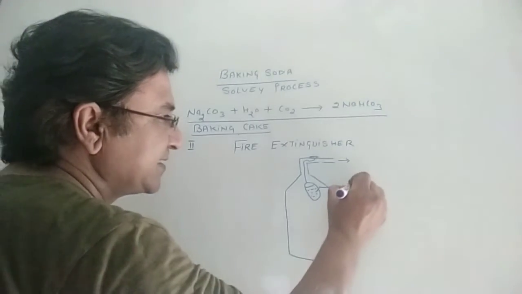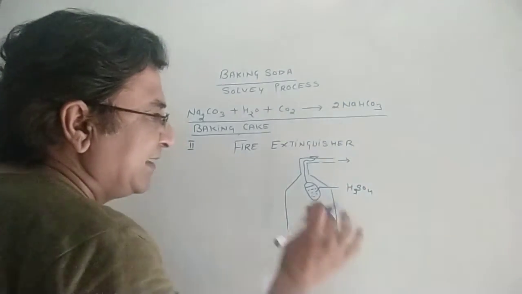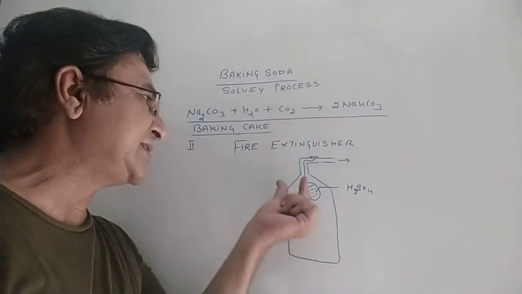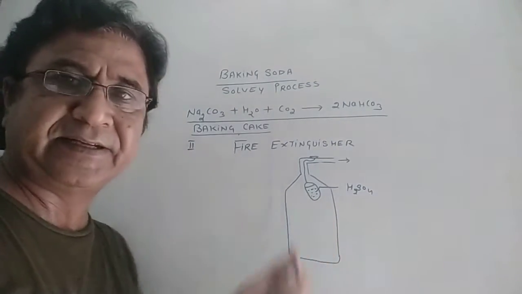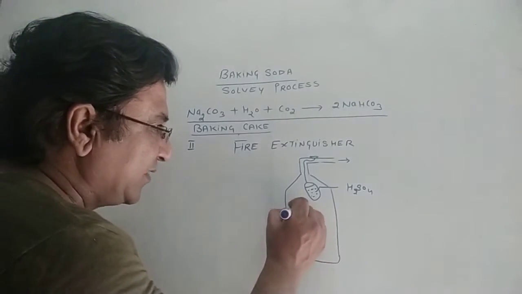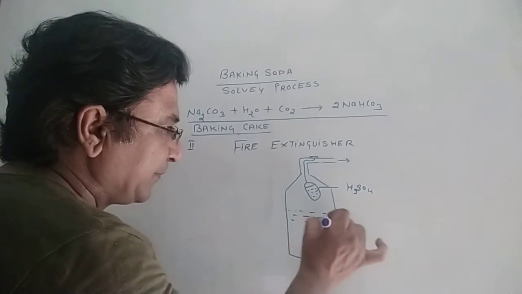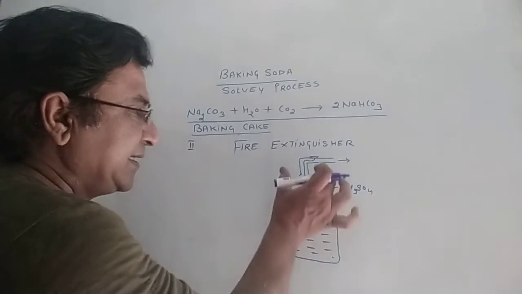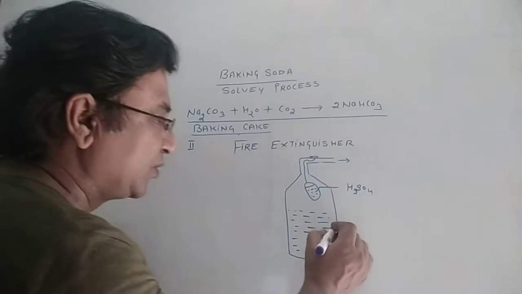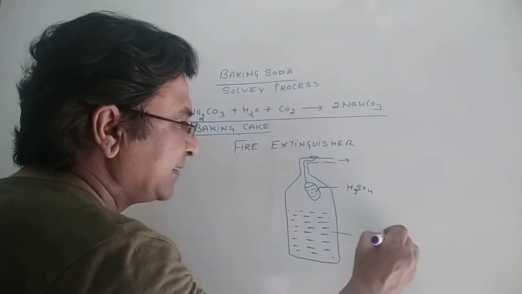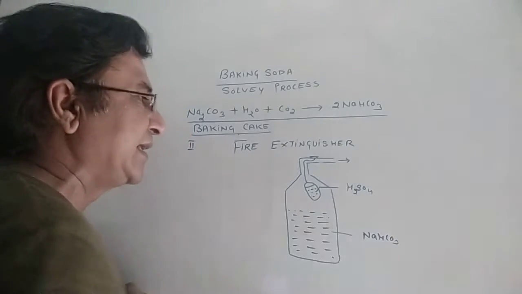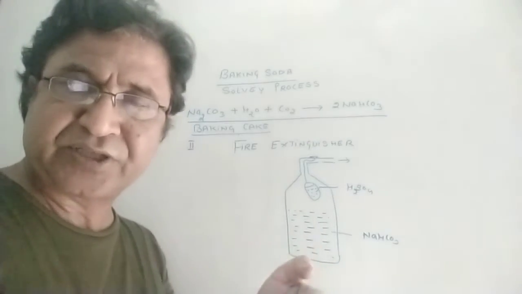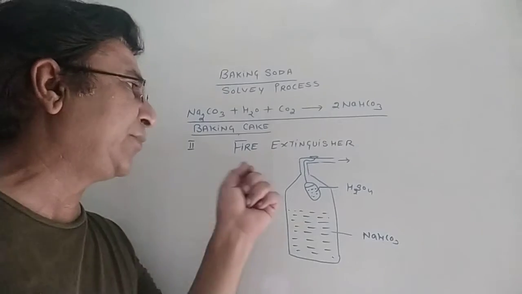So it is concentrated sulfuric acid which is placed in the ampule, which is hung in this metallic container, and this container is filled with baking soda, correct? So what is a fire extinguisher? It is a metallic bottle in which baking soda is present and an ampule of sulfuric acid is hanging, which is attached to the push button, by which we push the fire extinguisher and the product will come out.